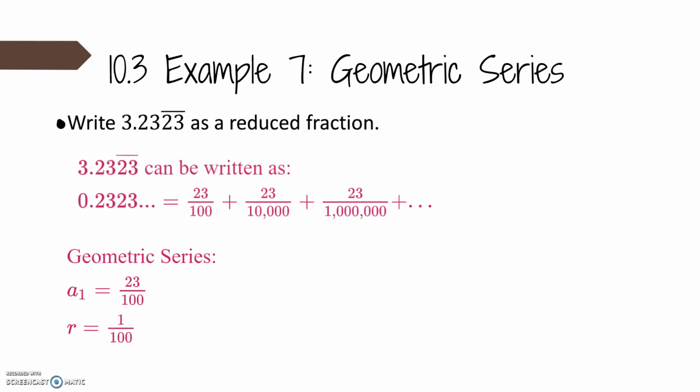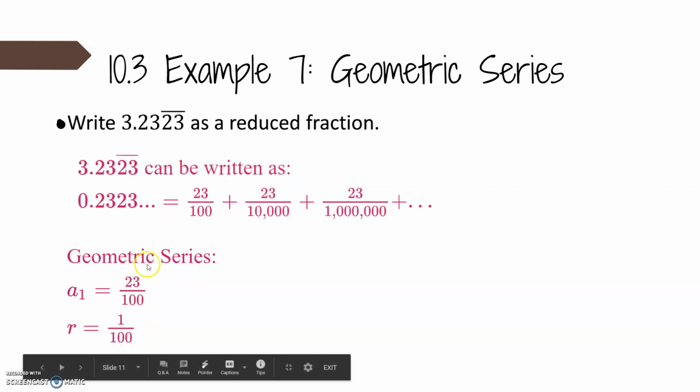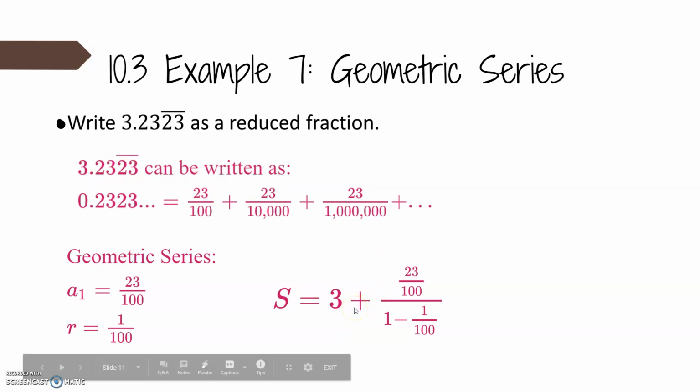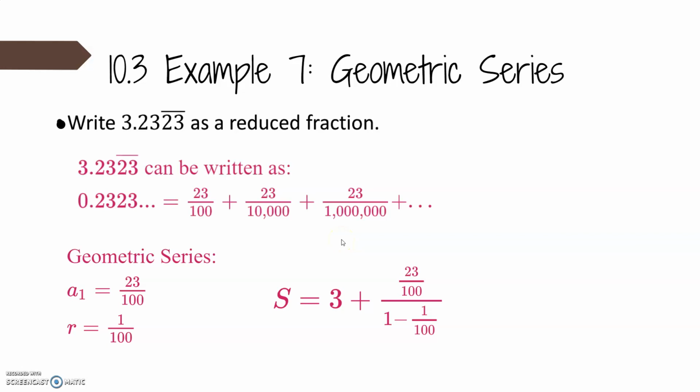You just need to remember that this infinite sum formula doesn't include the 3 in front of our decimal place, so we simply add the 3 on. The infinite sum is for everything to the right of the first decimal place. That is the geometric series. And we get 3 and 23 over 99.